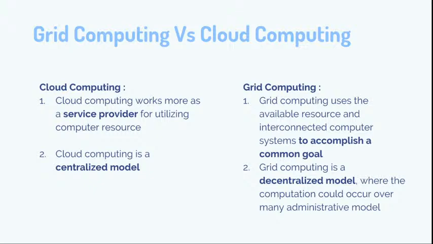But in a decentralized model, we have one community, one cluster. If I join that cluster, I will be called a node. However many members are added to the cluster, they all act as both servers and clients.